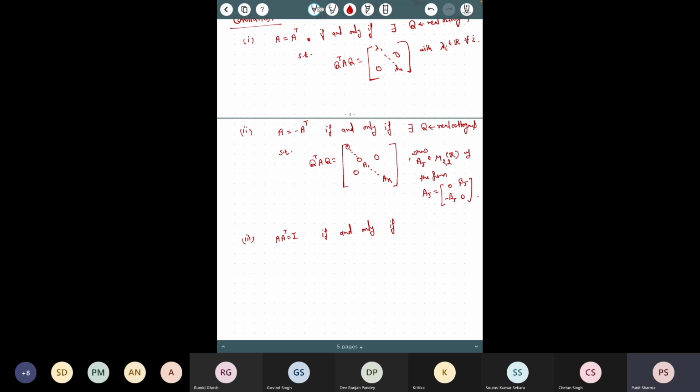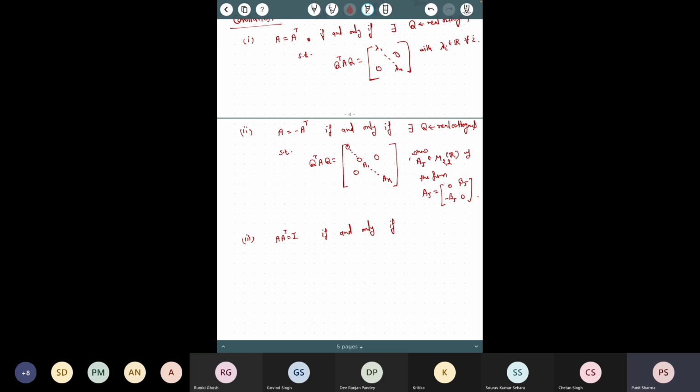So you just have to look at the real and complex eigenvalues of these matrices. In the case of symmetric, it has only real eigenvalues, so no complex, so no 2 cross 2 block. In the case of skew symmetric, it has either 0 eigenvalue or purely imaginary eigenvalues, and therefore the diagonal entries are 0, or the 2 cross 2 blocks are of this form.